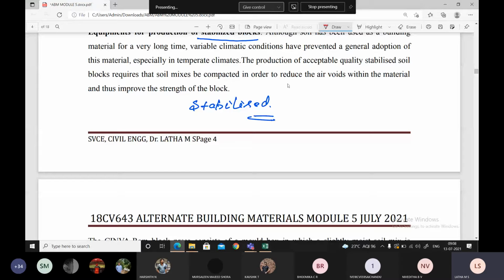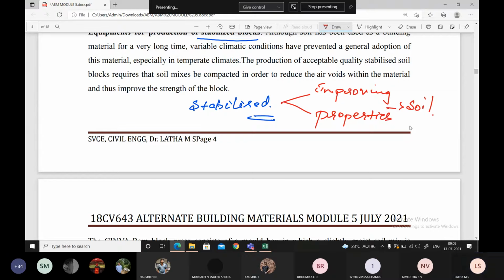Stabilization is nothing but improving the properties. Improving the properties of what? Of soil. In what ways? What are the different properties you find of a soil?